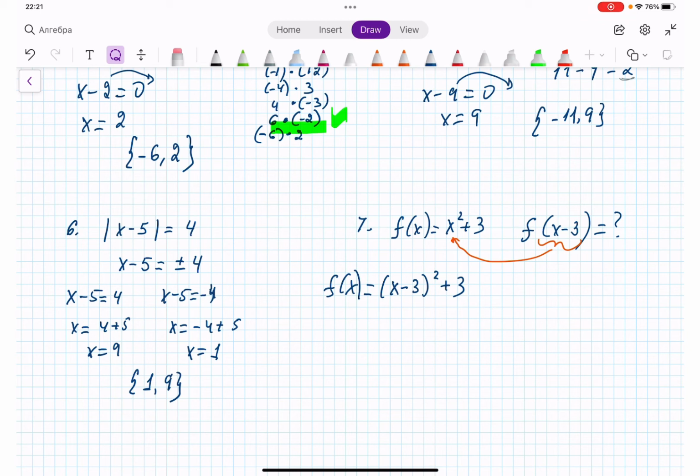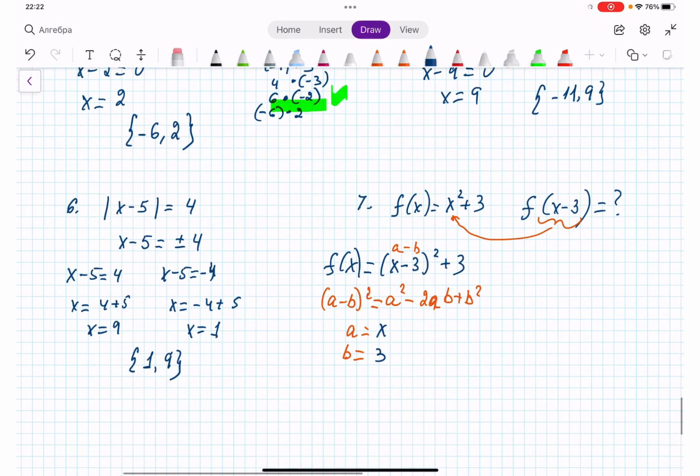Okay, let's say here I'm going to use (a minus b) squared, which is going to be equal to a squared minus 2ab plus b squared. This is a, and this is minus b. So my a is equal to x, and my b is equal to 3.